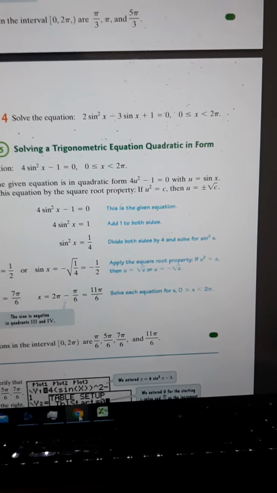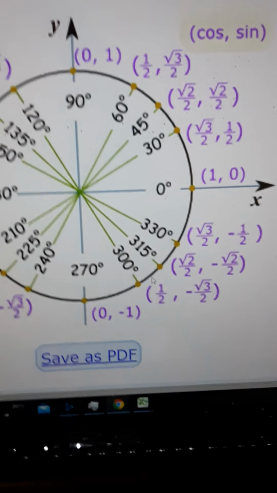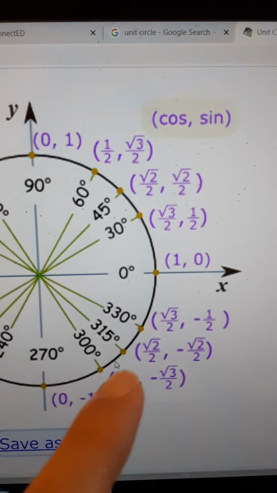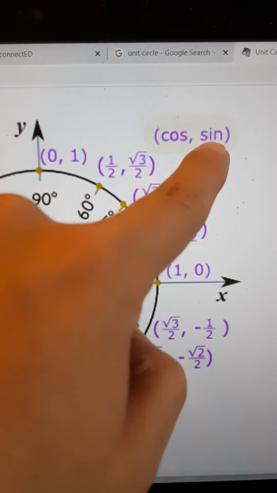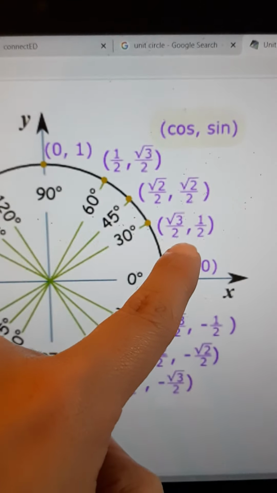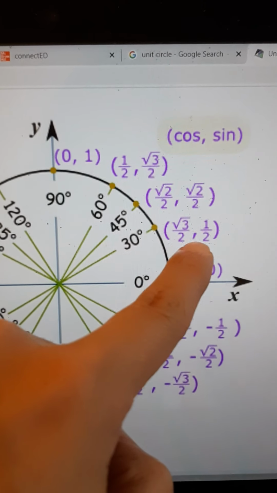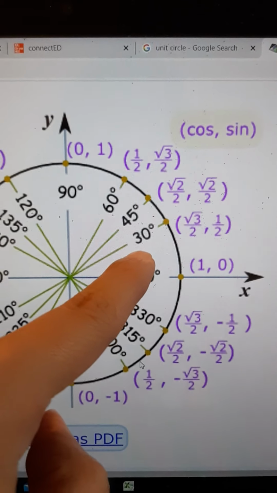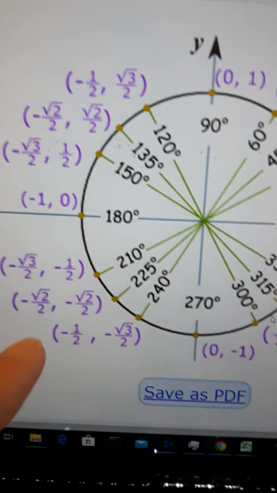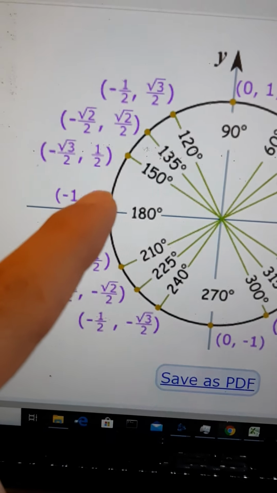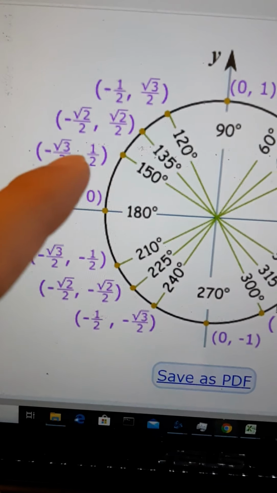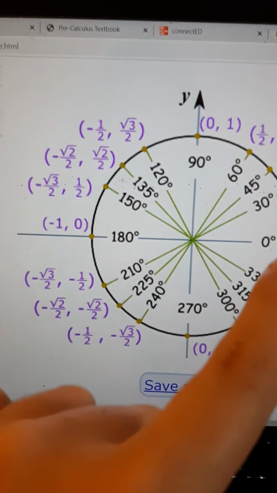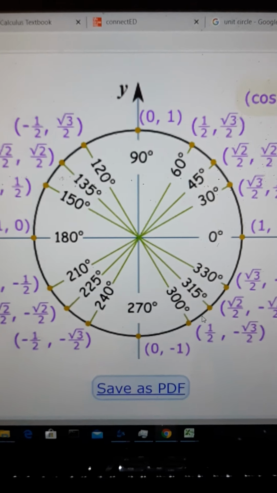So now we go back to our unit circle. So where is our 1/2? Well, remember, sine is the y coordinate. So here we have one. Positive 1/2 belongs to 30 degrees, but it also belongs to 150 degrees. So the angles that yield positive 1/2 are going to be 30 and 150.